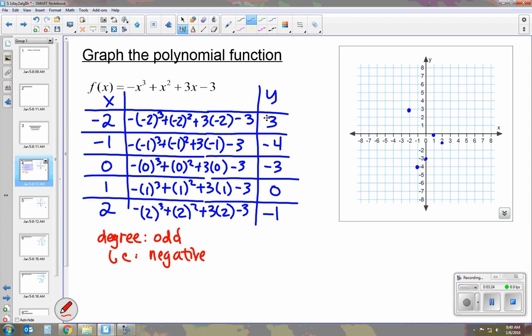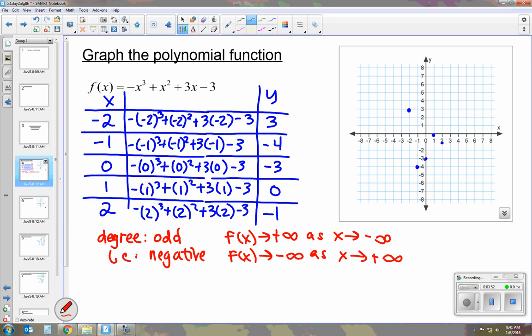So for an odd negative, f of x approaches positive infinity as x approaches negative infinity. And then f of x approaches negative infinity as x approaches positive infinity.